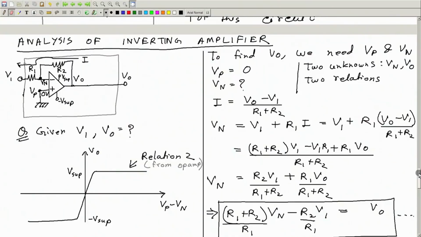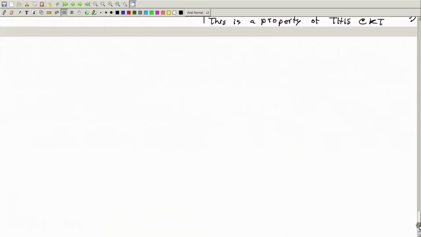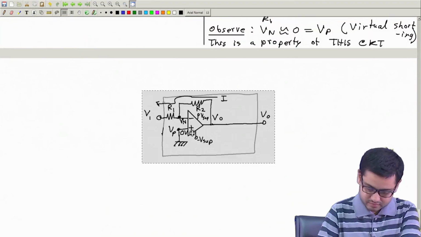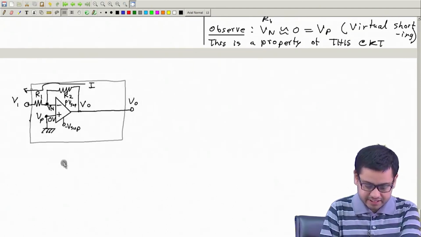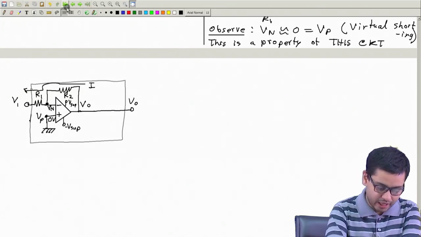So say, consider this circuit. This is an inverting amplifier. Let me copy it. Okay, so this is the correct circuit of an inverting amplifier.